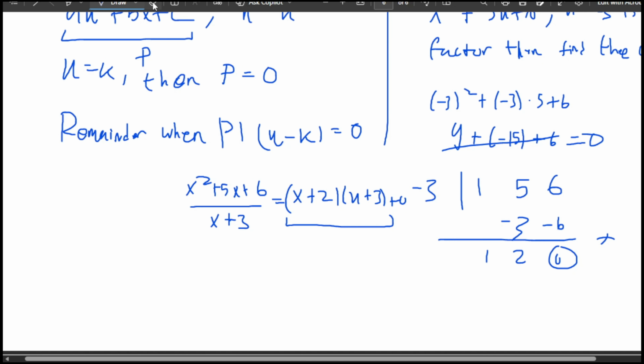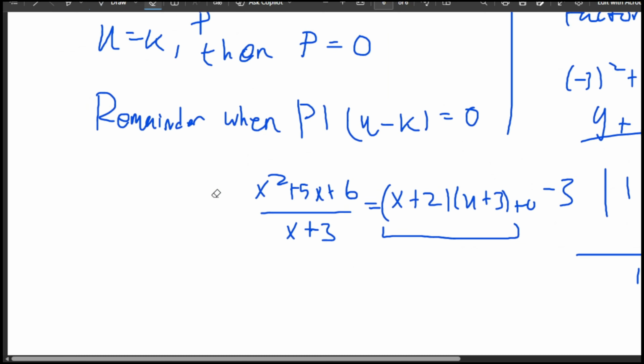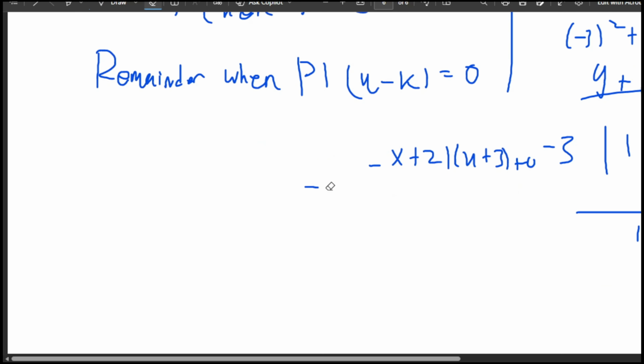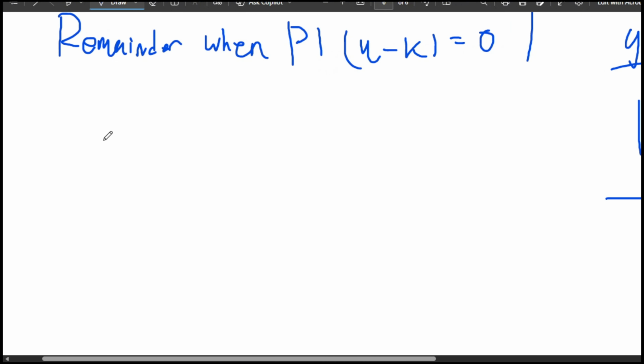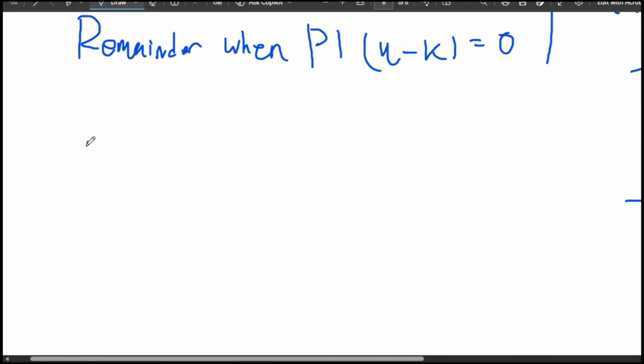Okay, another example would be this. Let me erase this. Let's say we have a cubic, x cubed plus 9x squared plus 26x plus 24.